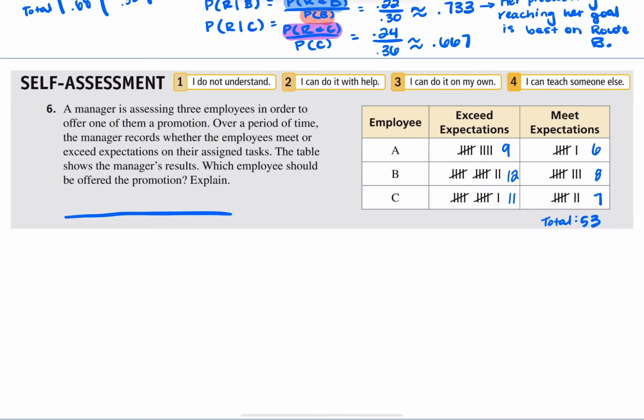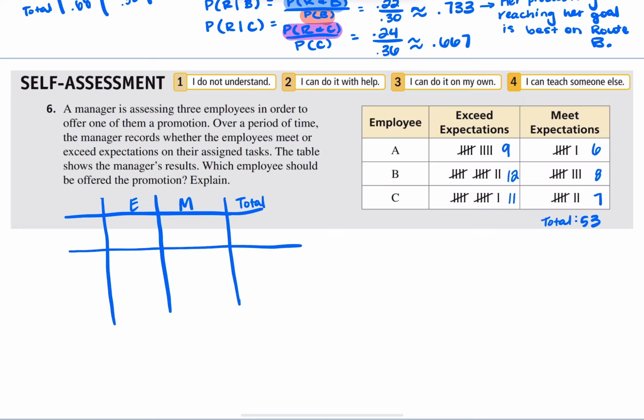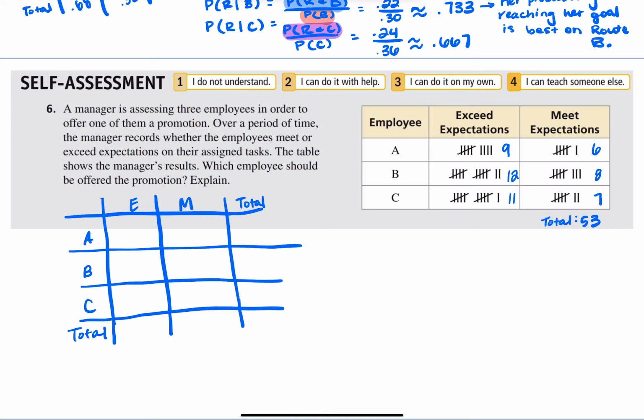So in my table, we've got exceed and met expectations. We've got A, B, and C. So for A, that's 9 over 53, which is 0.170.